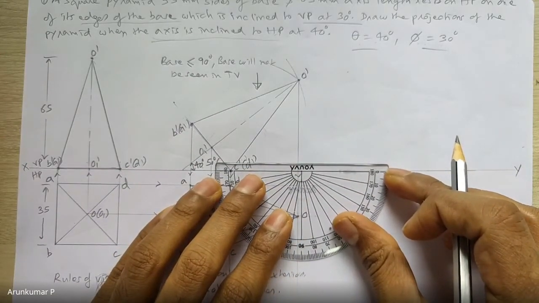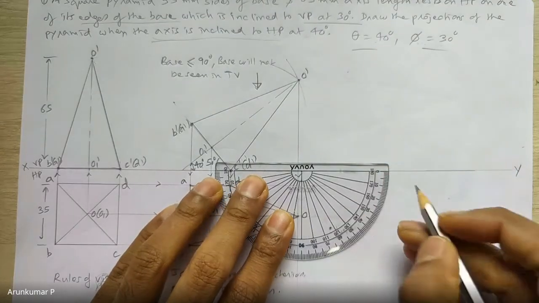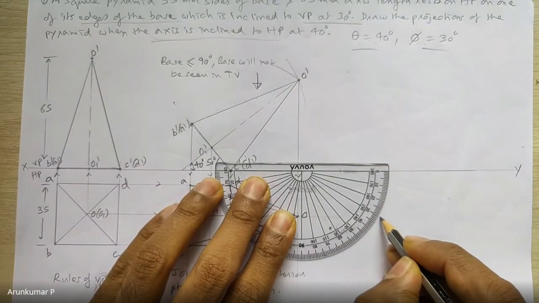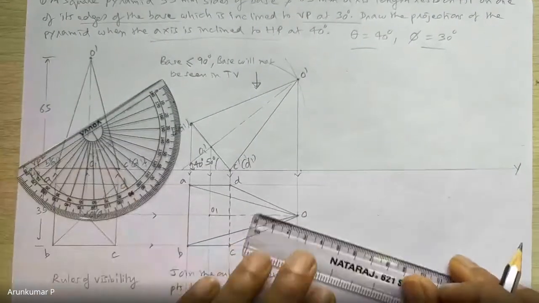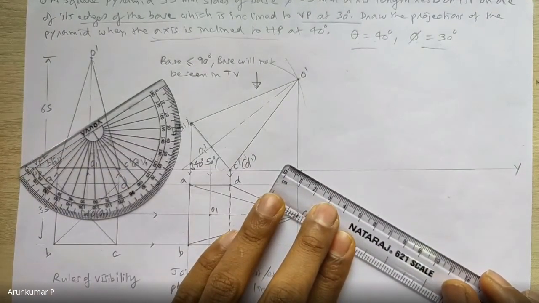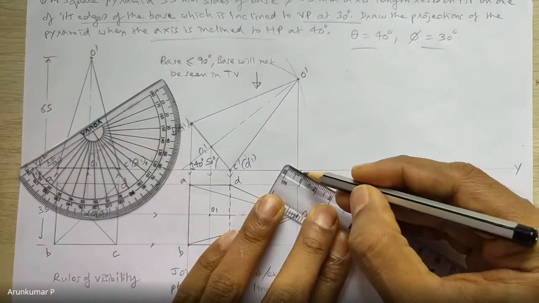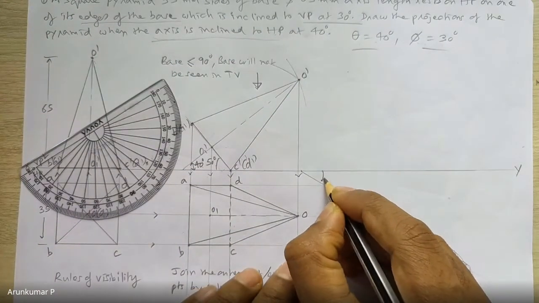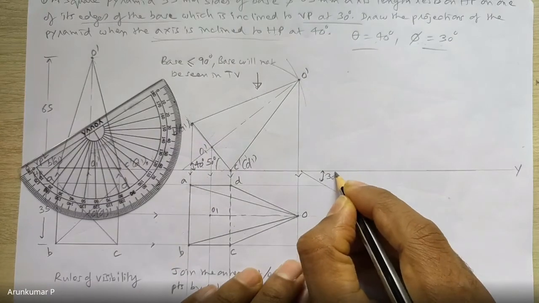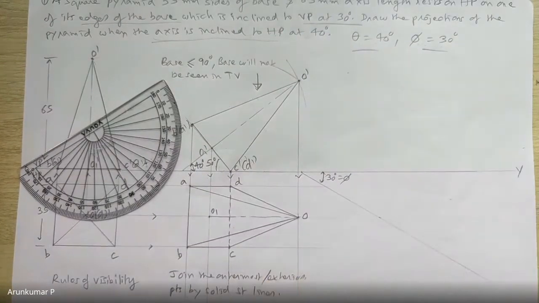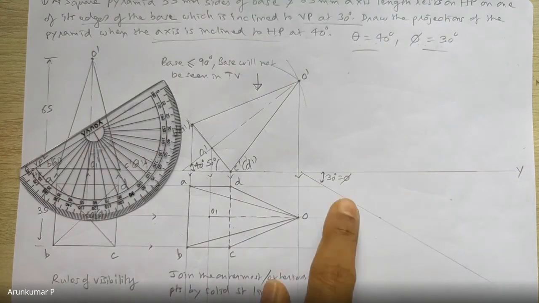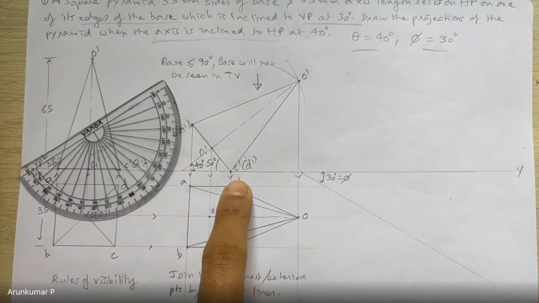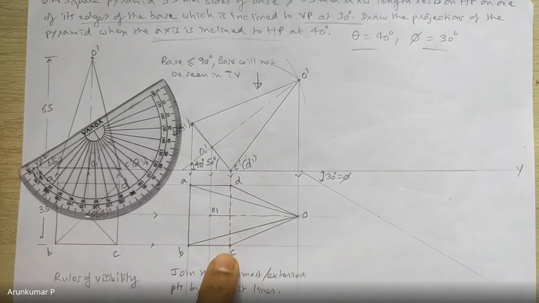Maybe from this point, I'll draw a 30-degree line like this. This is the true inclination.